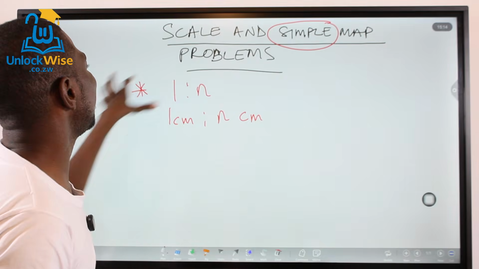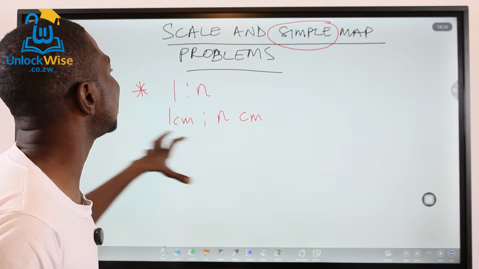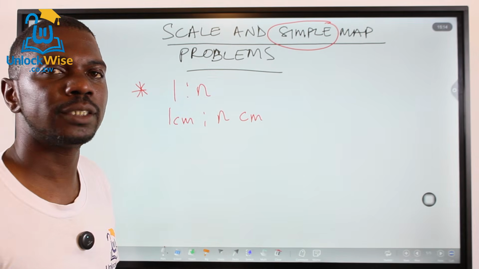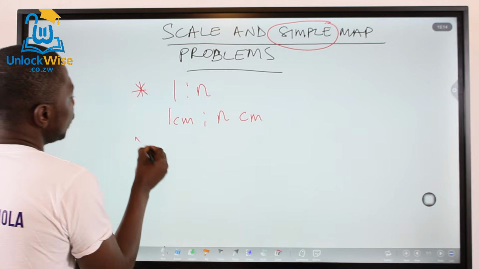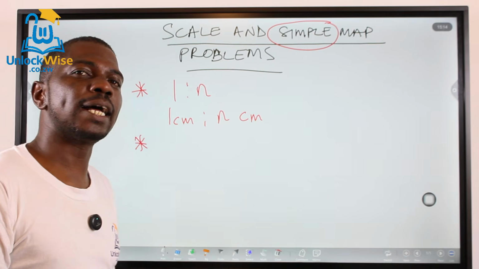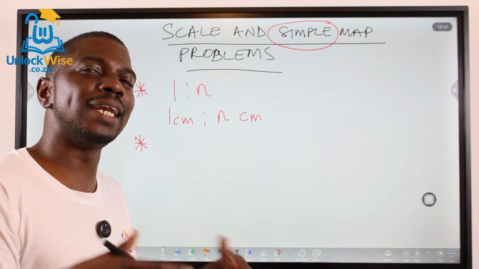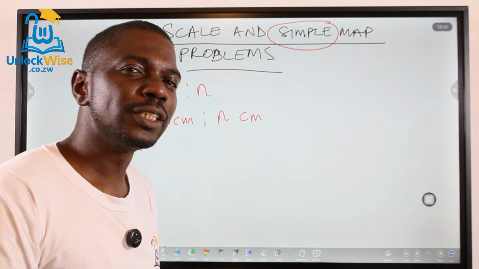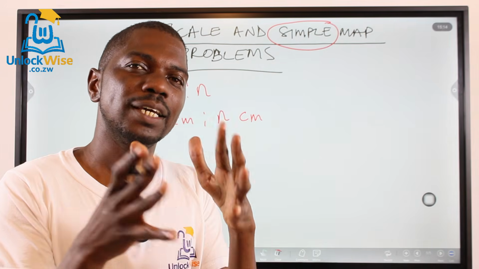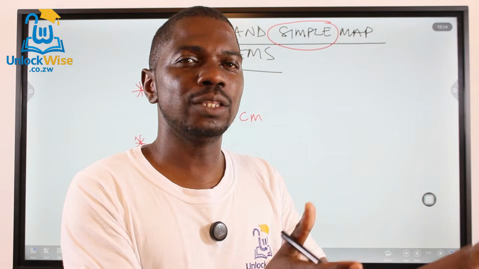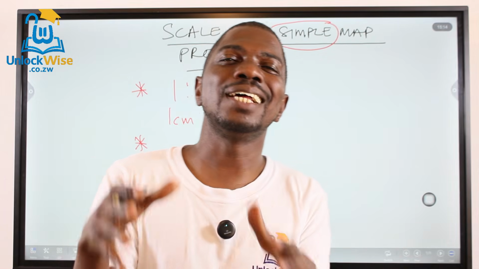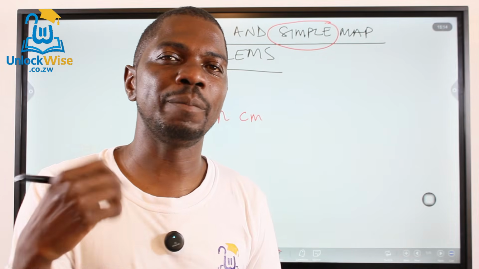So you may be asked to express the scale in this format, right? Then you may also be asked the size, the length on the ground given the length on a map, right? You may be asked the length on ground, the actual length given the length on a map.